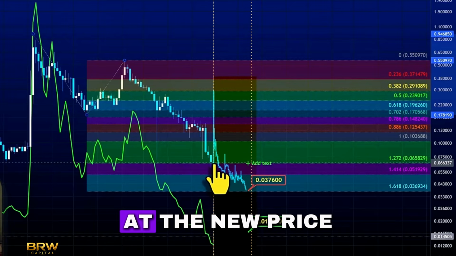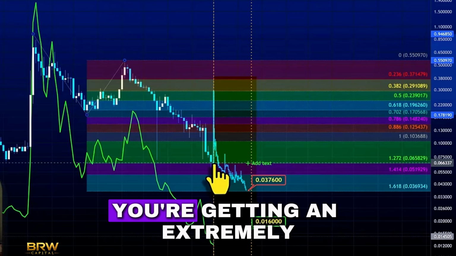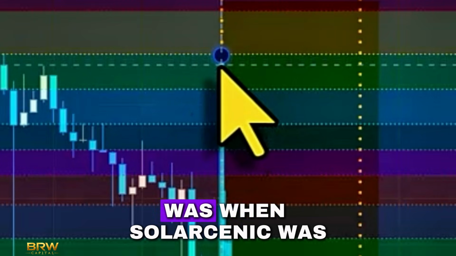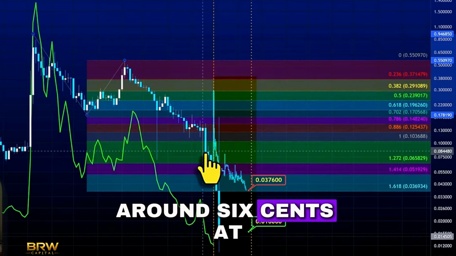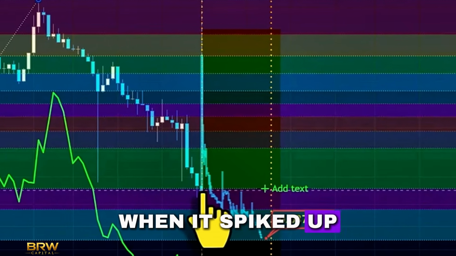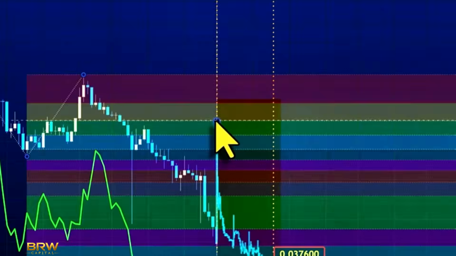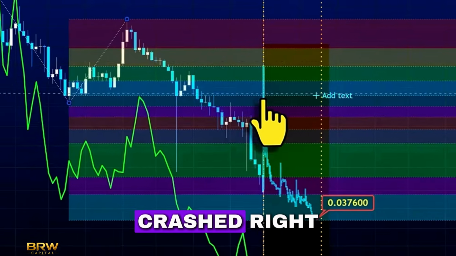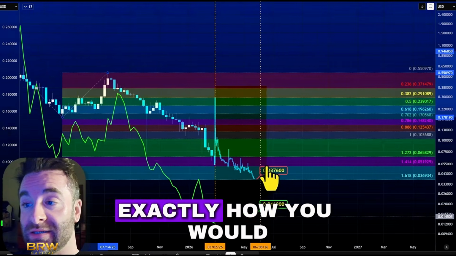When you do that at the new price bidding, you're getting an extremely high market cap. So technically, when Sologenic was around 6 cents at TGE, it spiked up. And when it spiked up temporarily, that order book was very fragmented, and so it crashed, right? This is exactly how you would look at it.